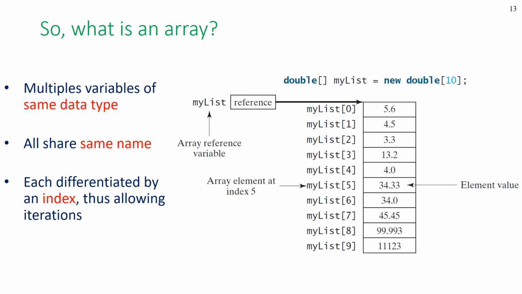But besides that little implementation detail, it shows that when you declare a variable called, for example, myList, and you say, hey, myList is going to be an array of double, there we go. This is your reference variable containing a reference. After you create the array, it's going to contain a reference to access that array.